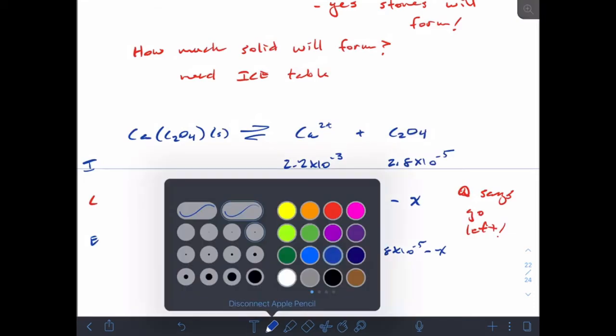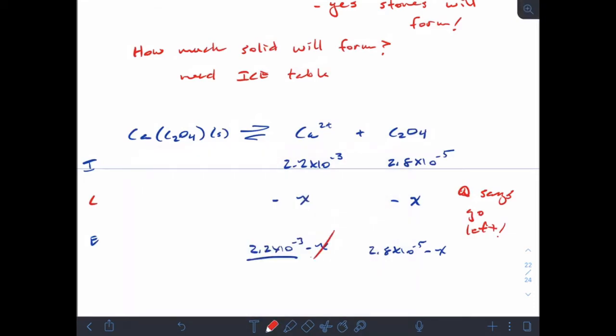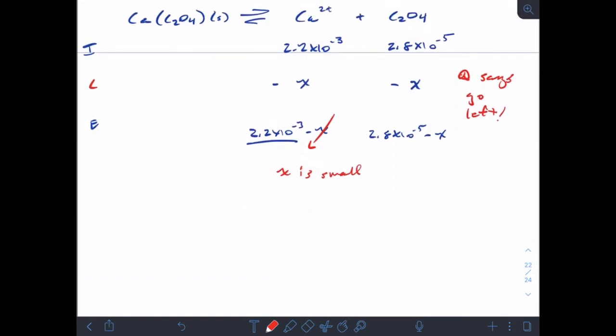So we can say for the calcium, X is small. We need to keep one of the X's, so if I'm going to figure out which one, with my larger concentration, I can assume that X is small. All right, so let's solve for X.